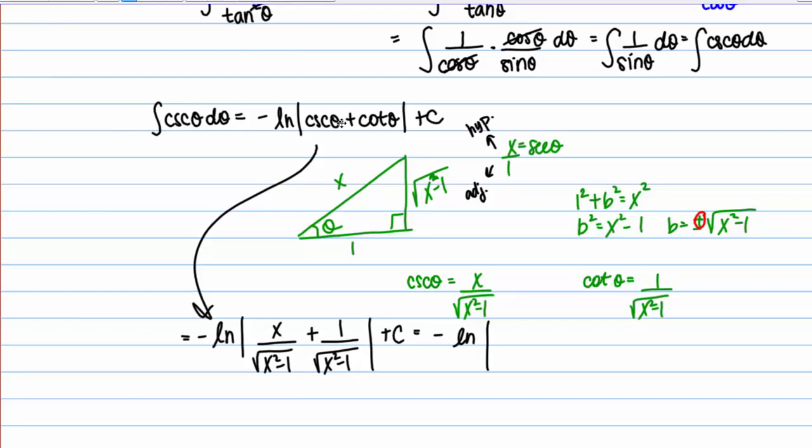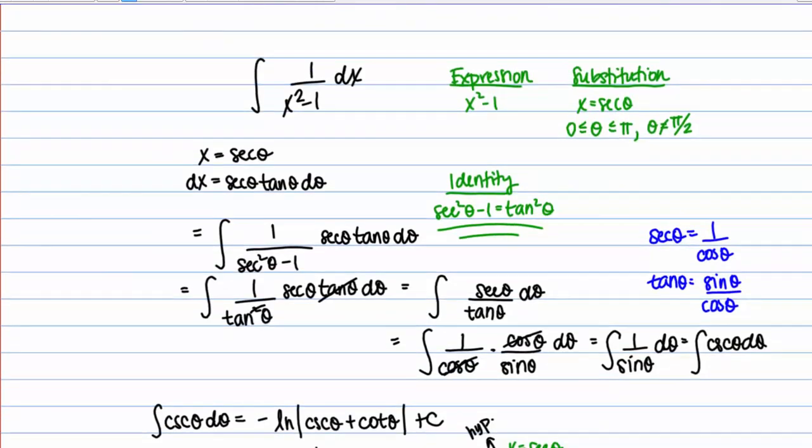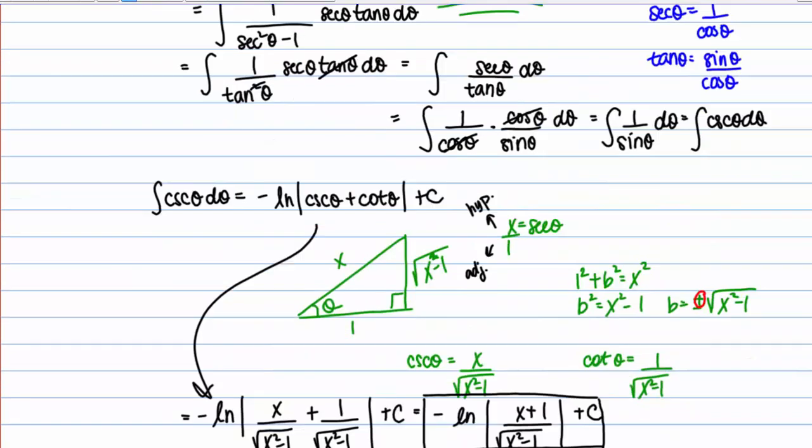So negative natural log of x plus 1 over the square root of x squared minus 1 plus c. And perhaps I could make some more simplifications there, but we will stop here and take this as our final answer for this original integral, 1 over x squared minus 1 dx.